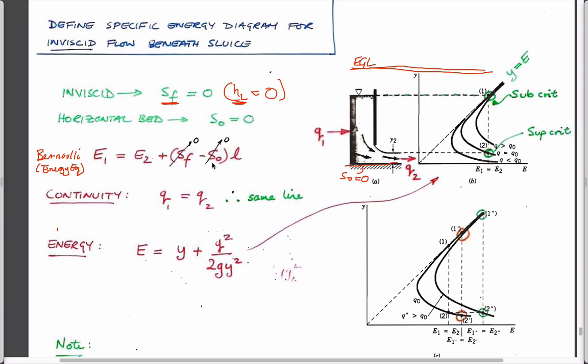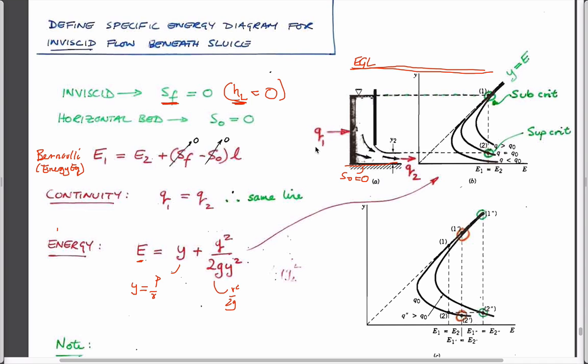And so this is where the Z1, Z2 term resides. It's equal to 0 here. And in the energy term, this is where P over gamma W, which is equal to y, and this is where V squared over 2g reside. They both have the same units. And so what we could do is if we choose a particular flow rate, we have a flow rate going through this, which has to be the same both upstream and downstream.